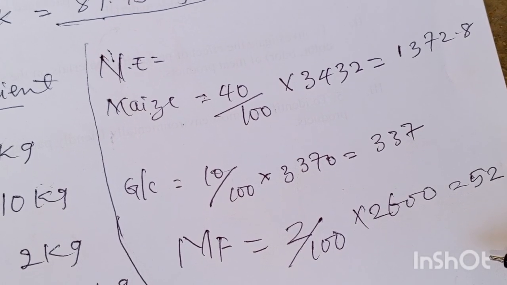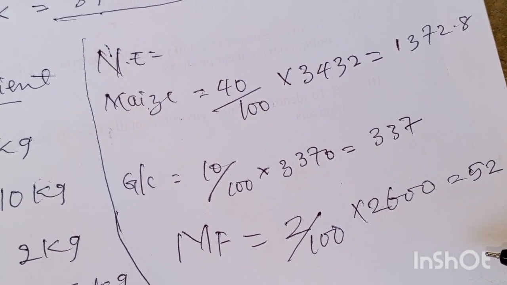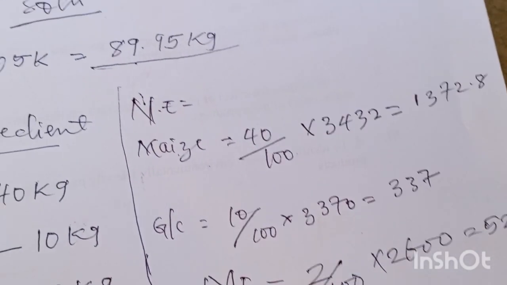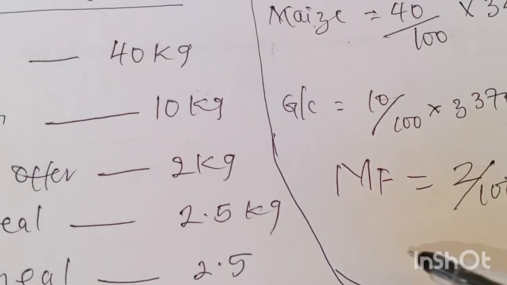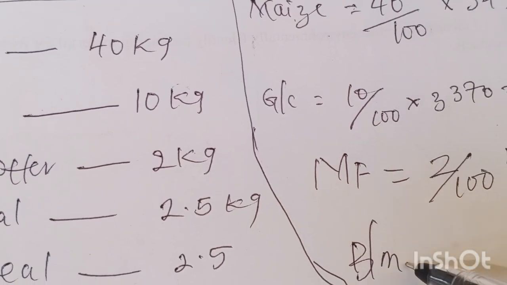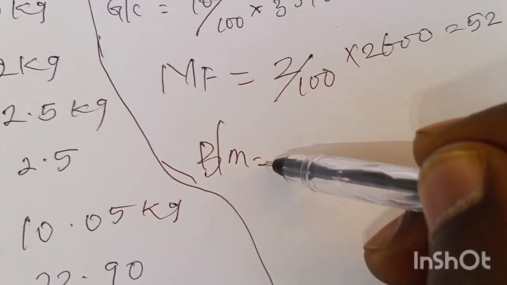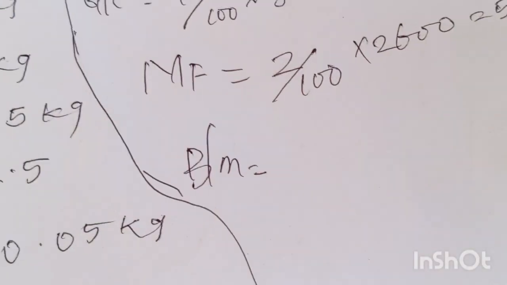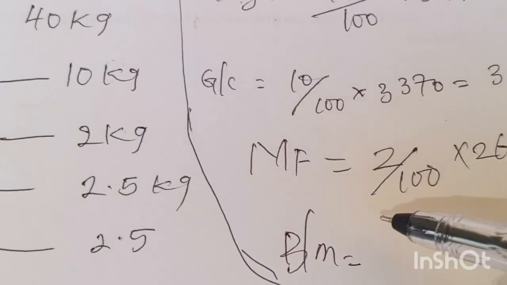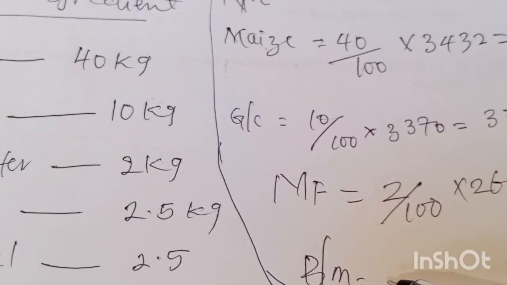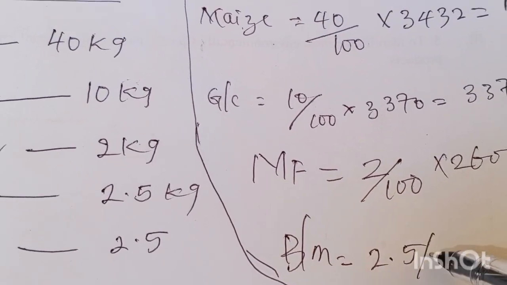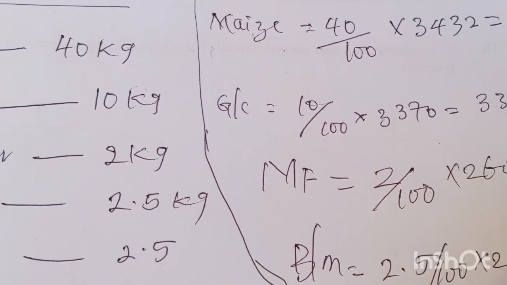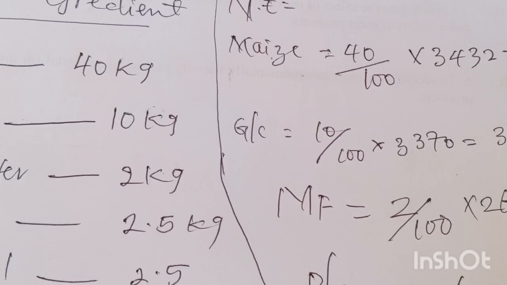Then we go back to blood meal. Blood meal is equal to 2.5 over 100 times 2,800, which is equal to 70.